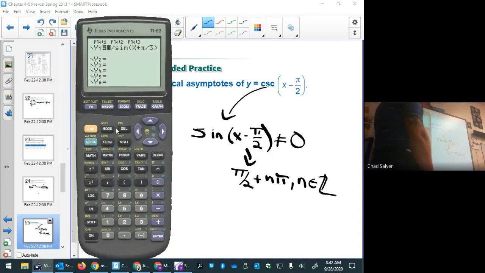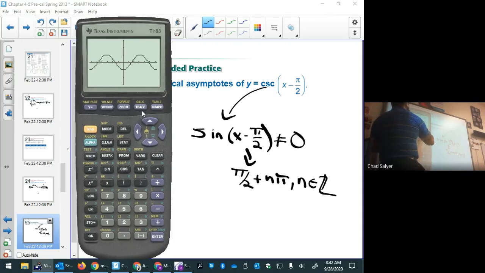We'll graph it just to be sure, just the sine part rather. So the sine of x minus pi over 2. So these phase shifts can be tricky. And we're already set to go from negative 2 pi. Yep, that looks like it happens at pi over 2.